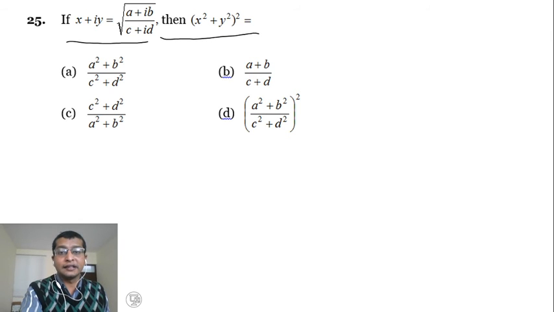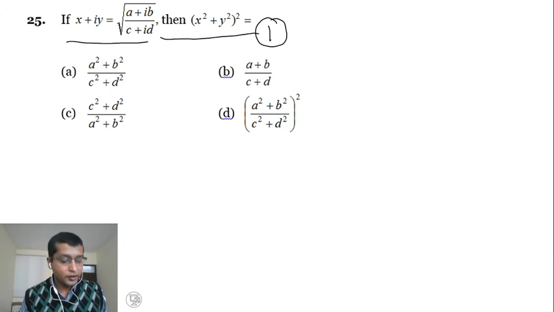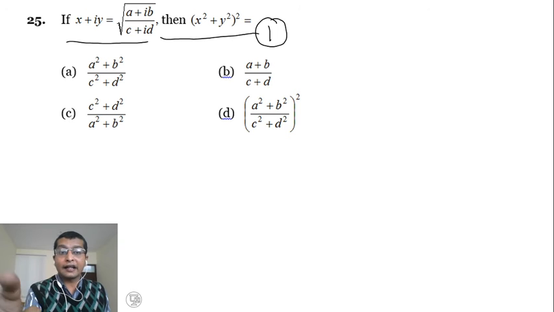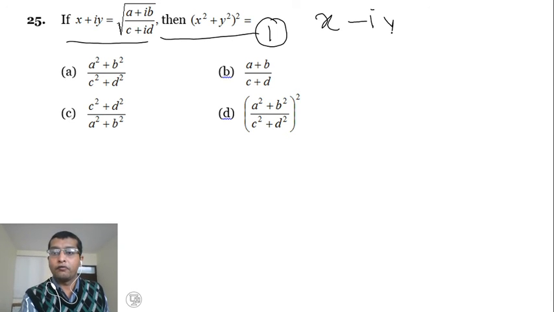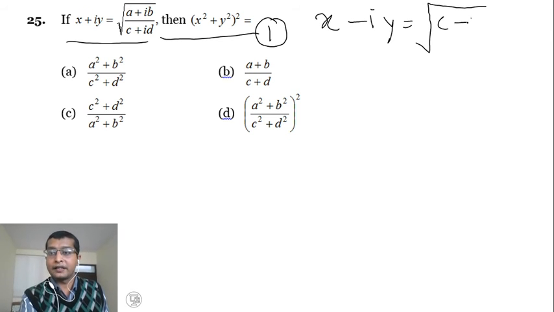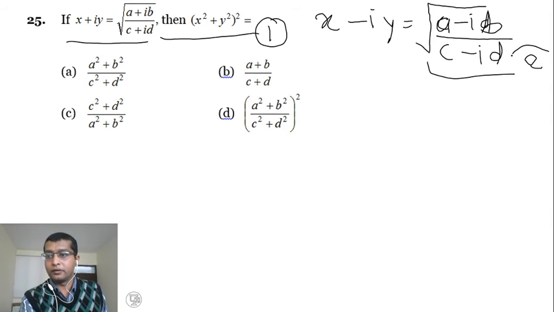I call it equation 1. Now further I write its conjugate: x minus iy equals the square root of a minus ib divided by c minus id. I call it equation 2.